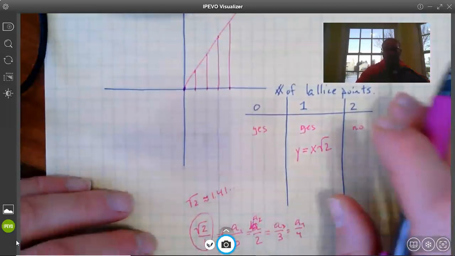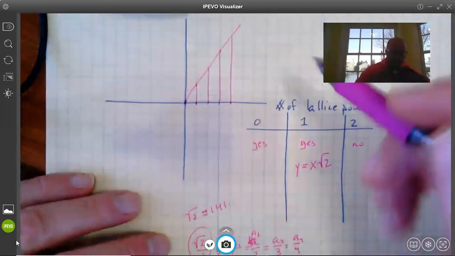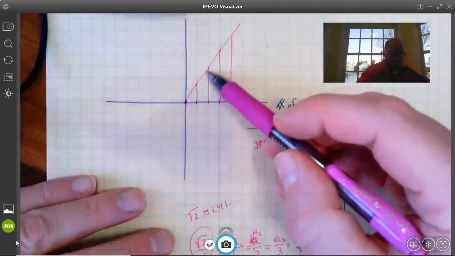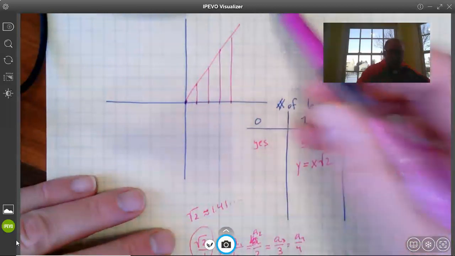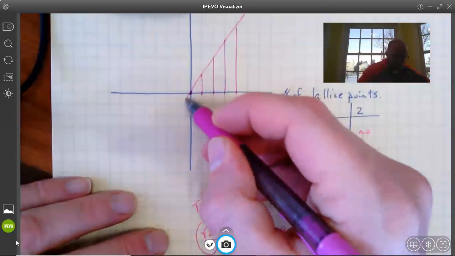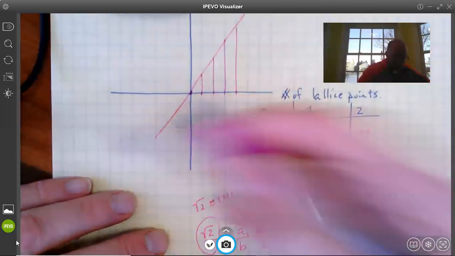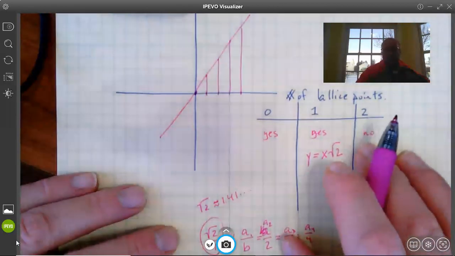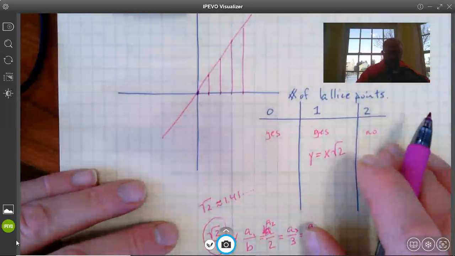It can't ever. So somehow magically, it seems, this line is going to narrowly miss every single lattice point in its path, going in both directions. And that's the definition of an irrational number.